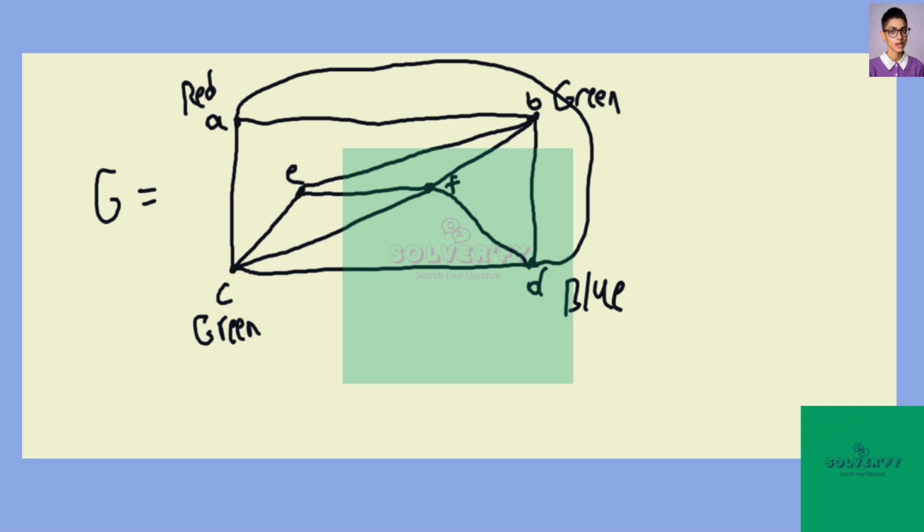E actually is connected to A. There's a line segment going from A to E. Okay, so E can't be green, and E can also not be red, because E is connected to A and E is connected to C. So E cannot be red, E cannot be green, but can E be blue?